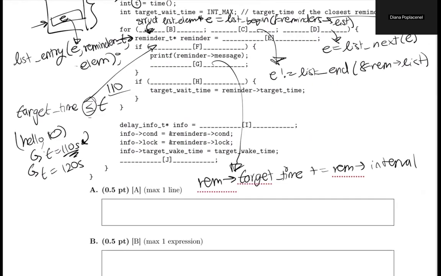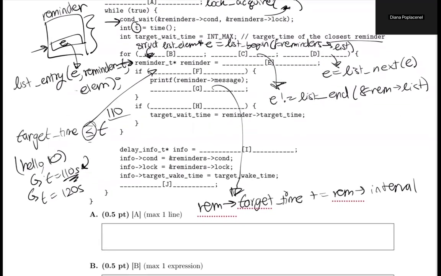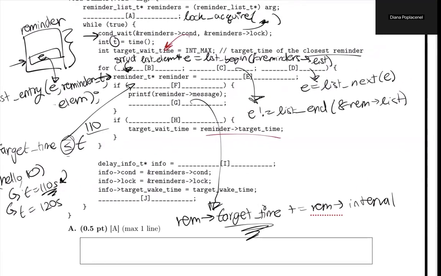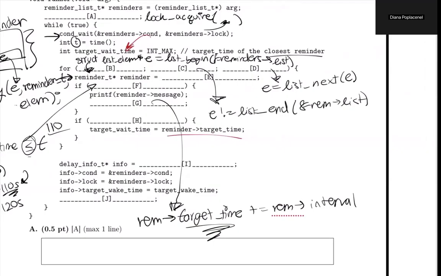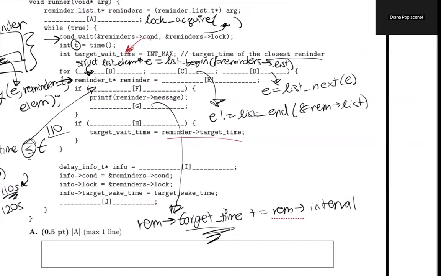And now we have another if statement. If something, we're going to update our target wait time, not to be confused with this variable. We're going to update our target wait time that we declared over here, to the reminder's target time. And so if we consider again what this variable represents, we want to find the closest reminder that should be printed.